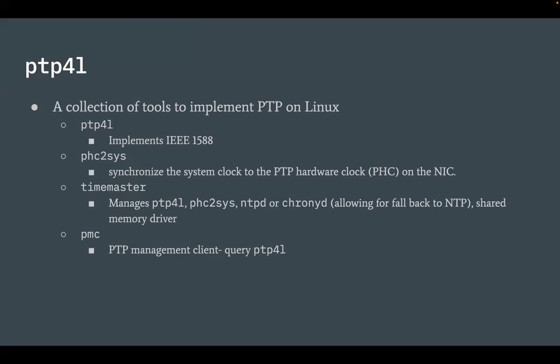Again, PTP gets its benefits from everything being done in hardware, so the NIC will synchronize to the upstream master. And then there's a shared memory driver that essentially makes the NIC clock look like an NTP server. And then either NTPD or chronyd will query that clock once every 8 seconds.